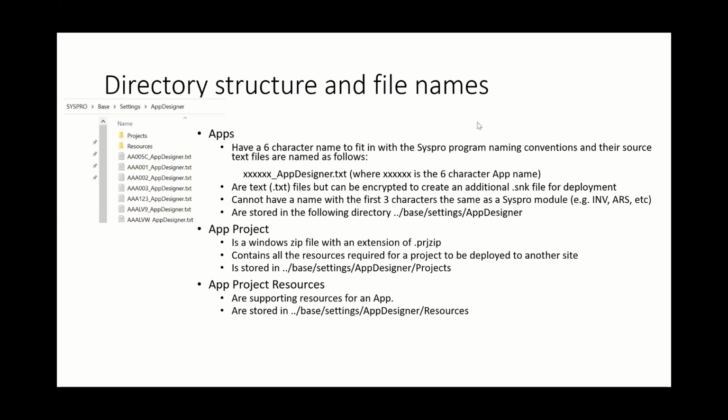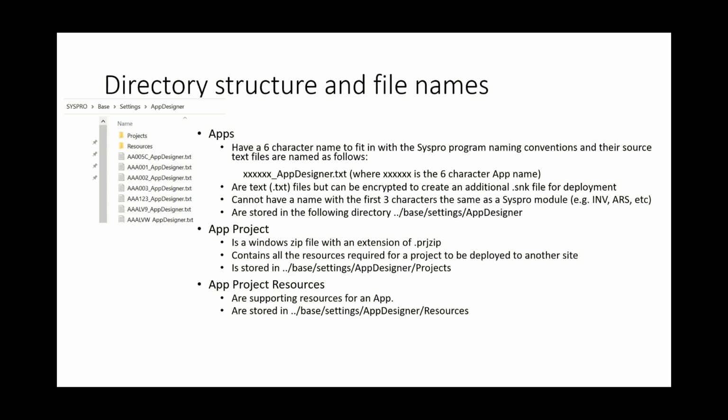So what we're going to be doing now is recapping the pertinent App Designer features from previous courses. The first thing I want to discuss with you is the directory structure and file names, which we discussed in course 1. Remember that an application must have a 6-character name which fits into the Syspro program naming convention, and the application source text file is named as follows.